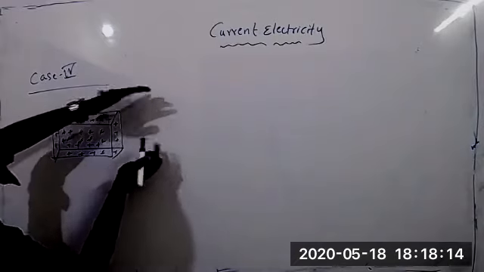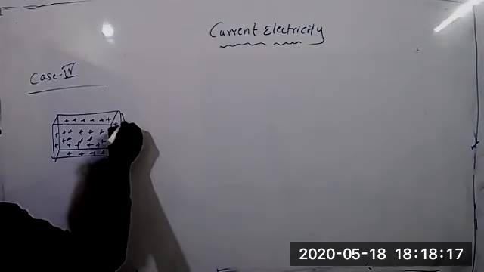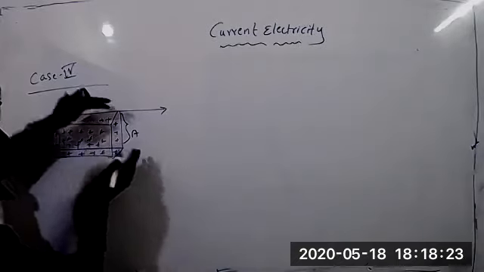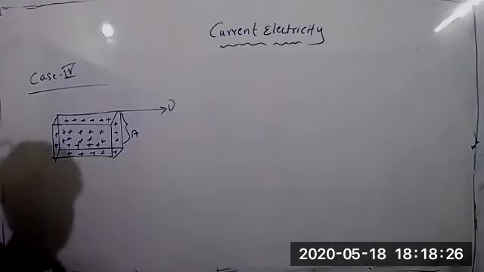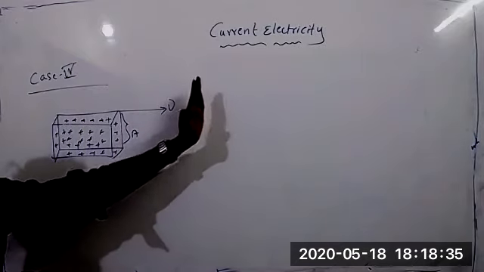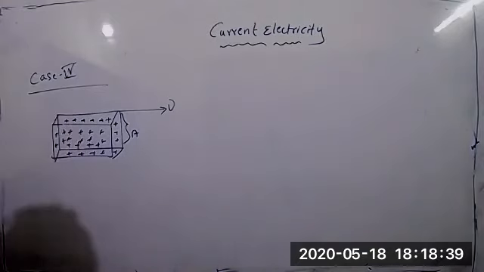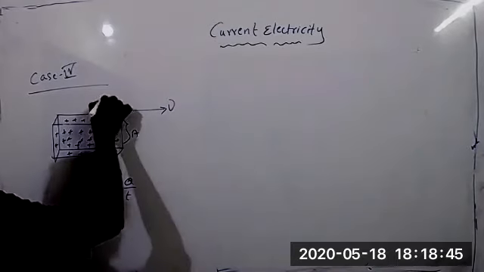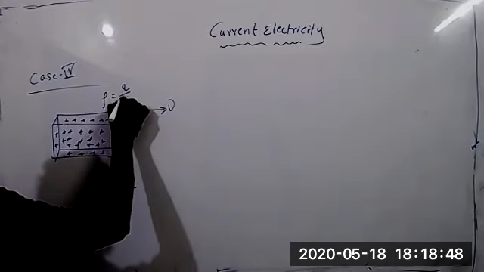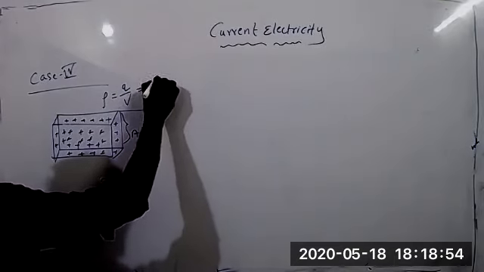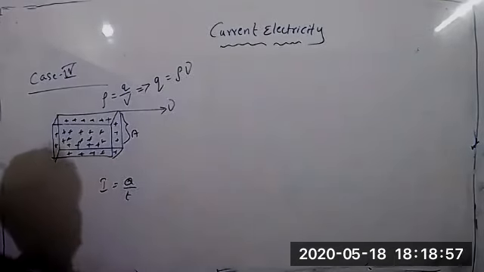Charges are moving like this through an area A, perpendicular to it, in this direction with velocity V. Now the current is calculated as I is equal to Q by T. The volume charge density rho is charge by volume, so charge equals density into volume.